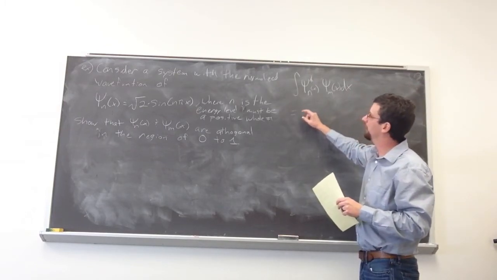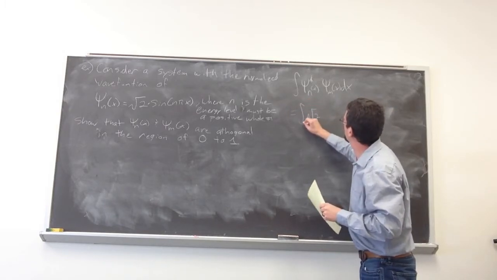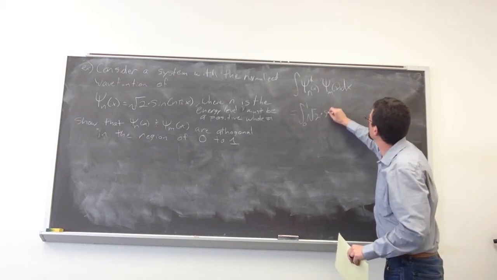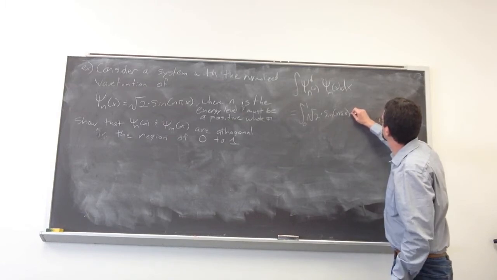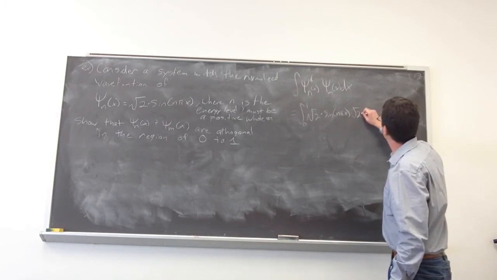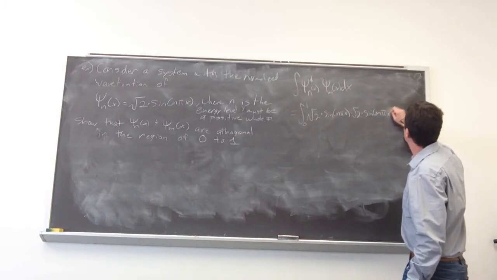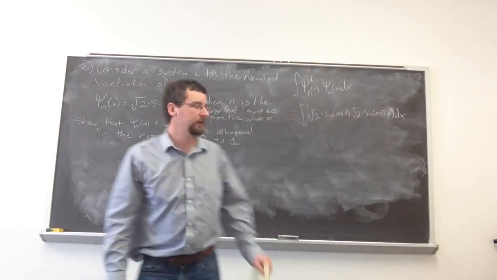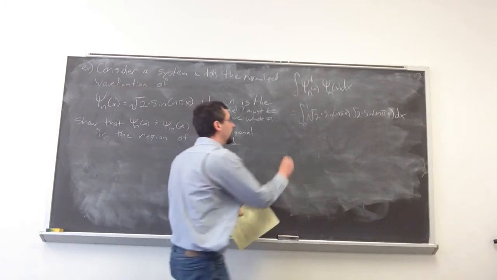We get the integral from 0 to 1 of square root of 2 sine n pi x times square root of 2 sine m pi x dx. And if you notice, we didn't do anything with our complex conjugate because we have no i's in there, so we didn't have to worry about it.